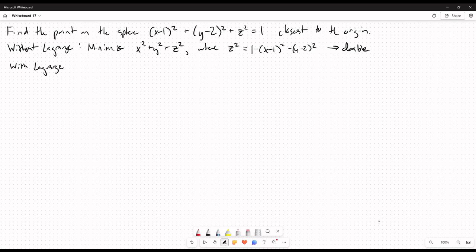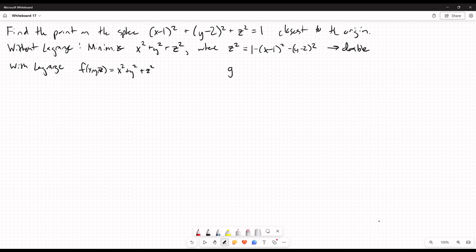So I'm going to think, what's my objective function and what's my constraint equation, or what is the level set involved in my constraint equation? Well, my objective function is essentially exactly what it would be in the single variable case. I'm trying to minimize distance, and whenever you're trying to minimize distance, it's a little easier to minimize distance squared. So I'm going to minimize x squared plus y squared plus z squared.